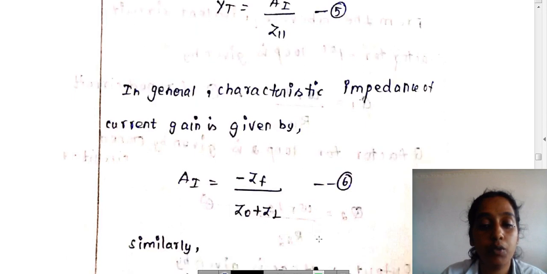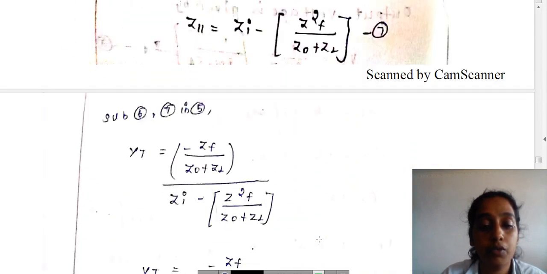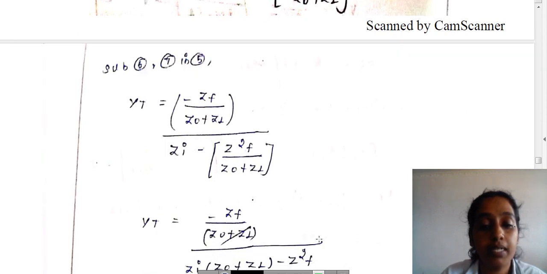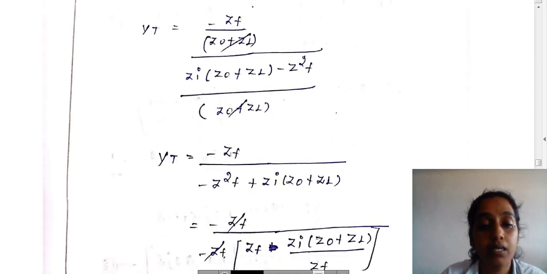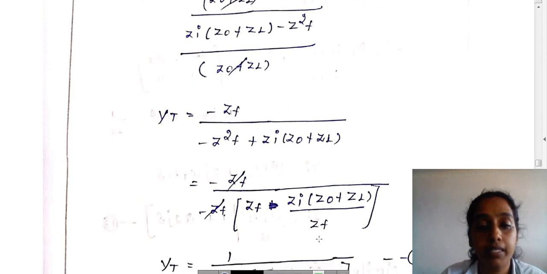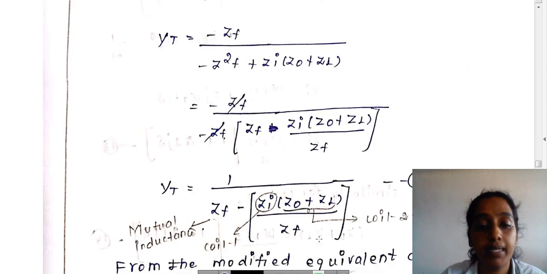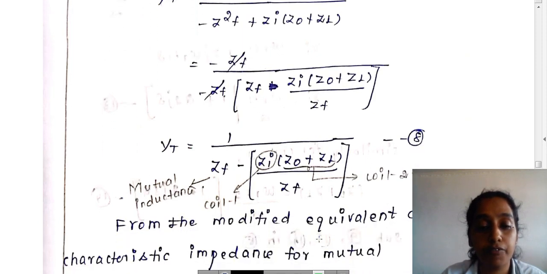Substituting the values of equations 6 and 7 in 5, Z0 plus ZL will get cancelled. Remaining, I get the total admittance as minus Zf by minus Zf square plus Zi into Z0 plus ZL. Taking Zf common, I get 1 by Zf minus Zi into Z0 plus ZL by Zf.